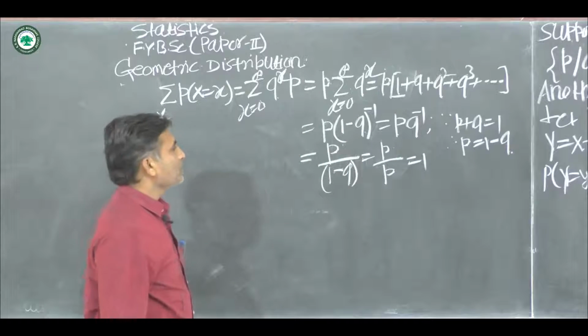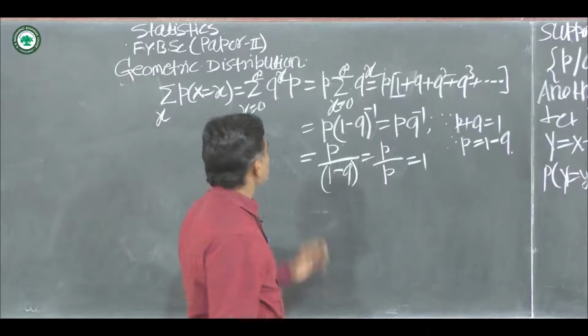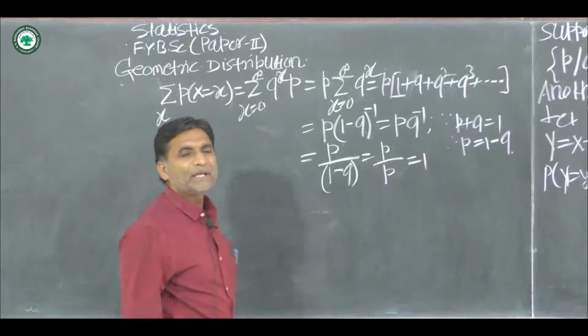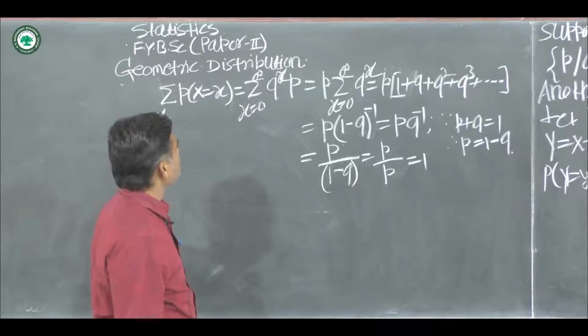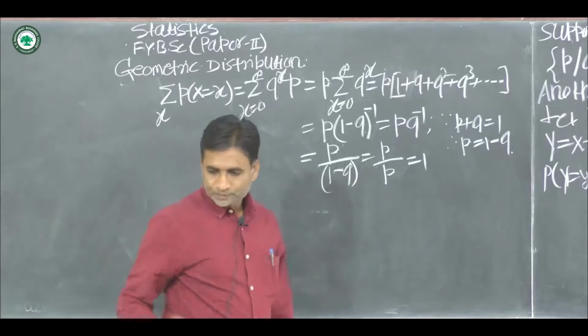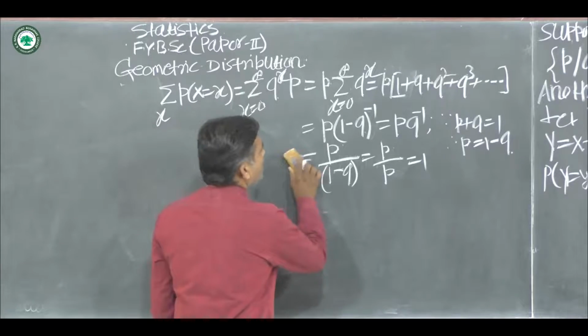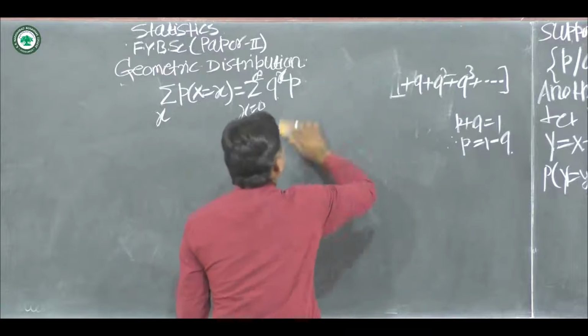That is, the total probability is equal to 1, which means the geometric distribution satisfies the second condition of the probability mass function.